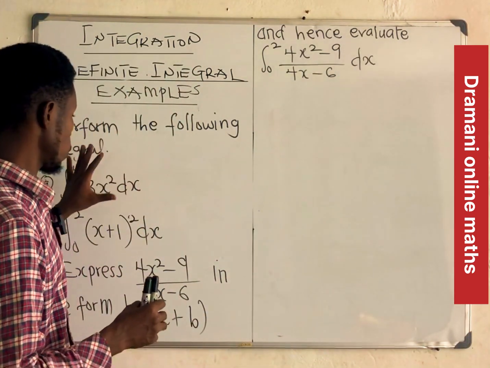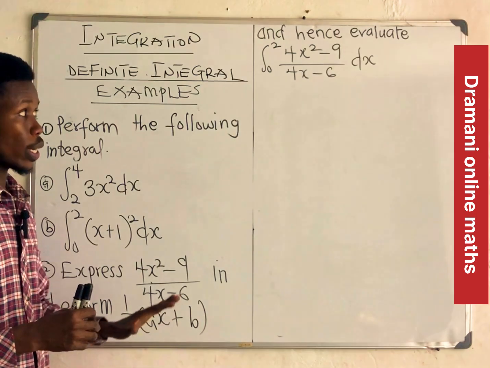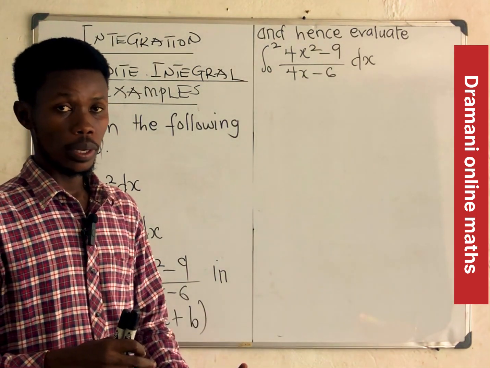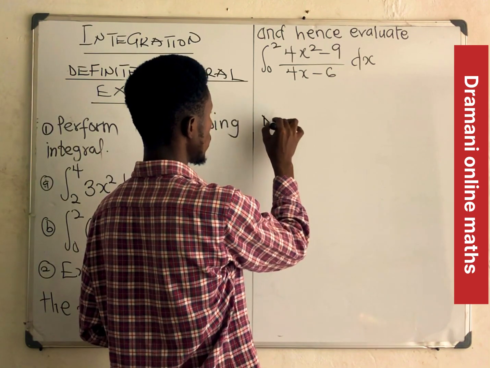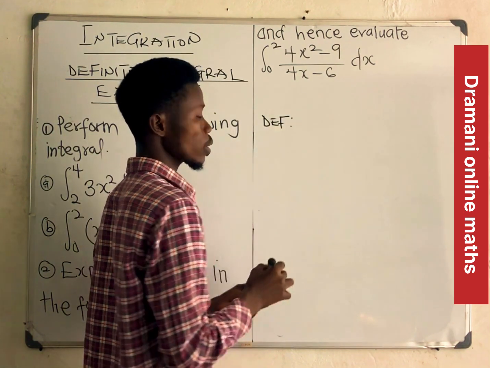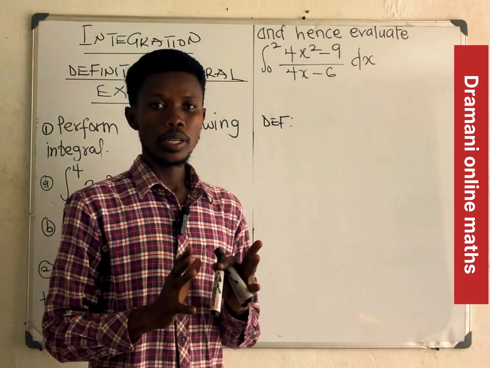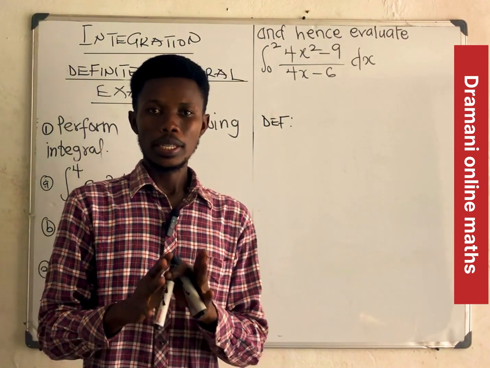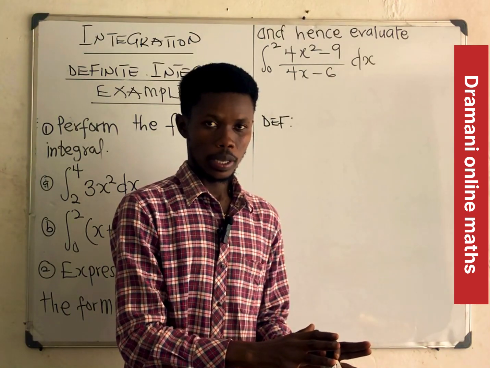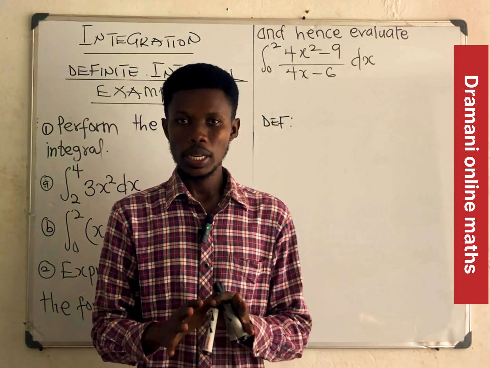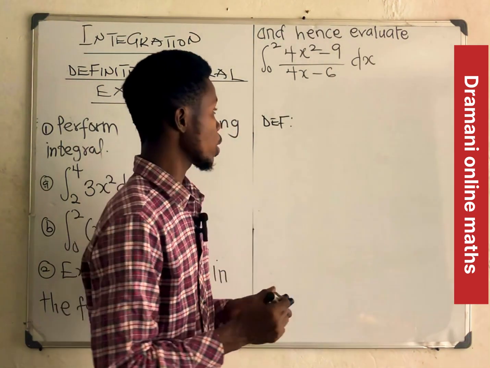Before I start solving examples, what I need us to do is look at the definition first. We said that the definite integral is the integral that has limits. So let's see.